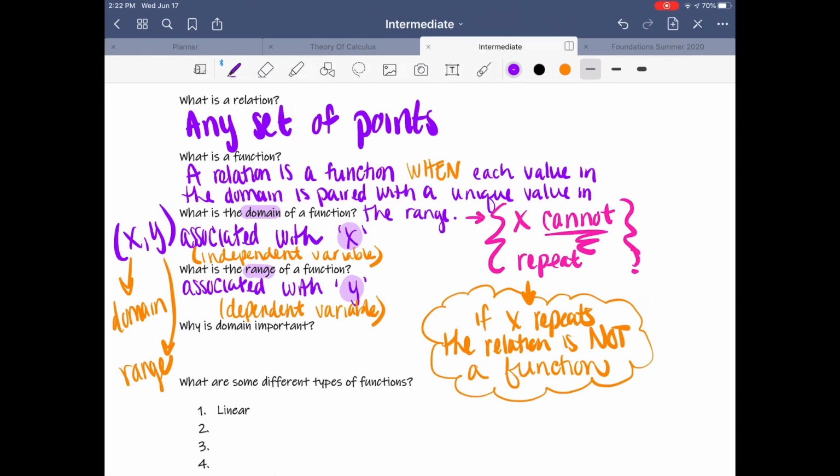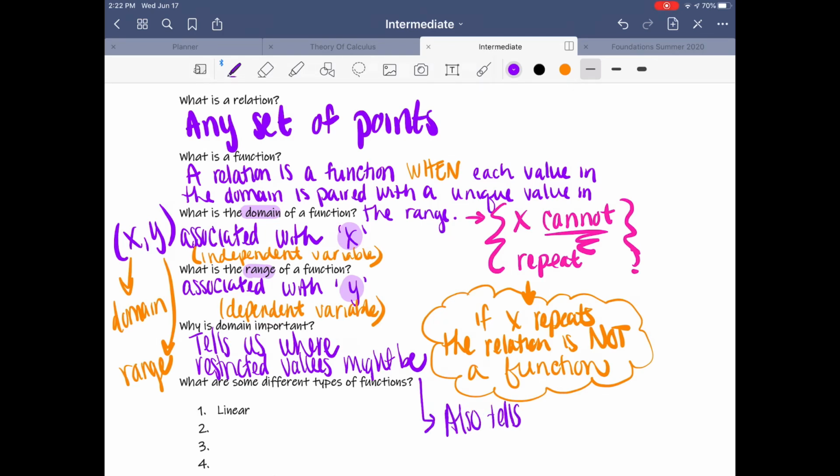Domain is important because it tells us where restricted values might be. It also tells us if a relation is a function, which relates to that.